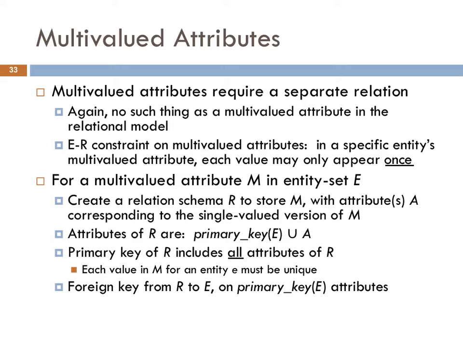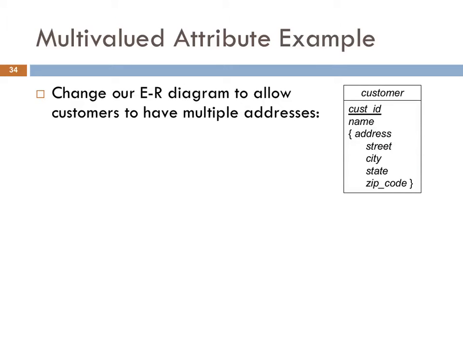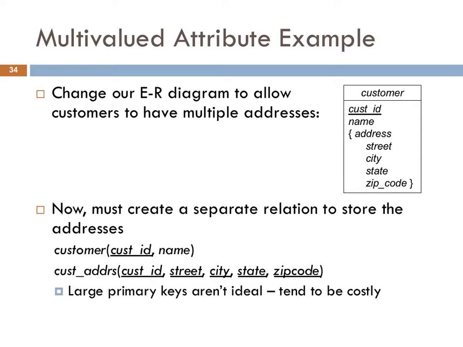So this is interesting. Let me see, I think I have an example. Yeah, so customer name, we're going to allow multiple addresses. This gets kind of gross because we had the constraint that the multi-valued attribute has to be a set of values for each entity. So we would end up with something like this.